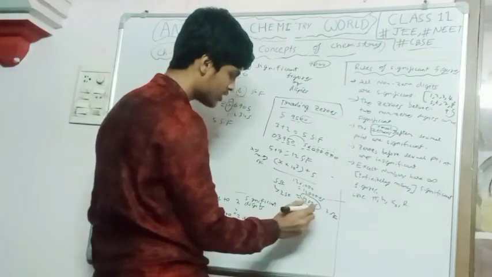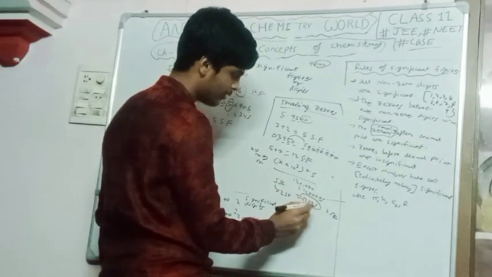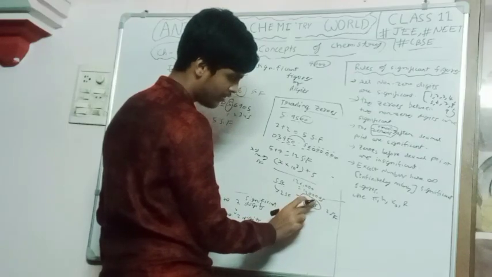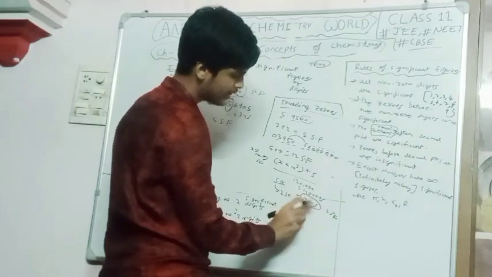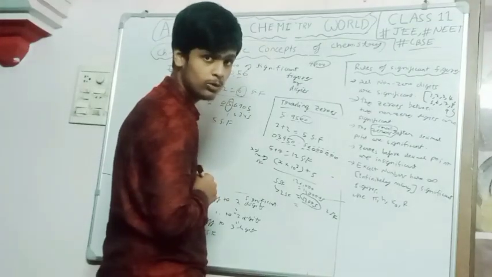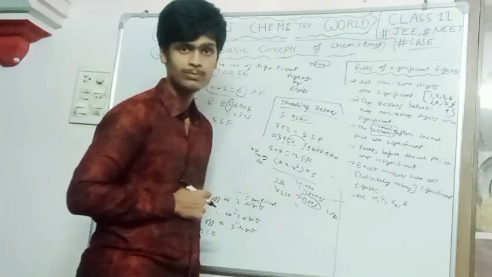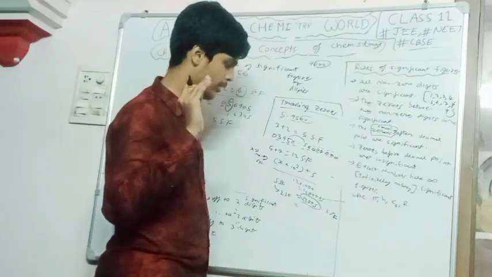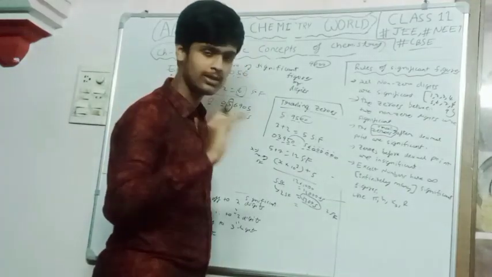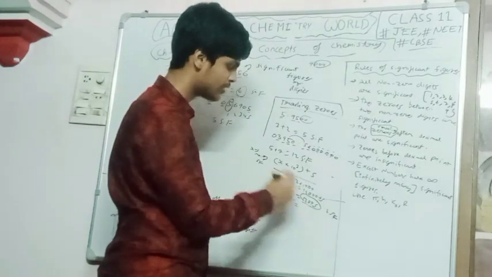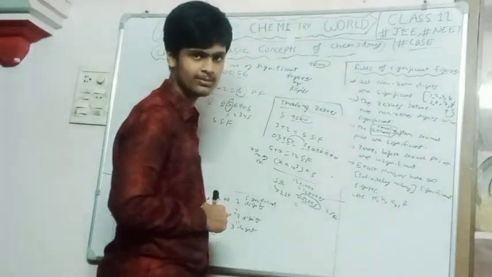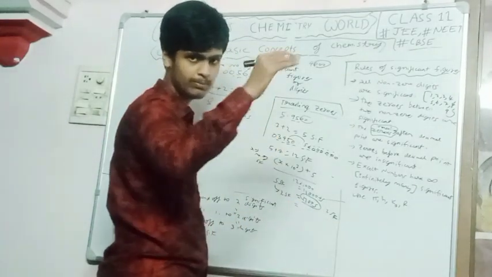How is it possible? Think once. Two significant figures means if you remove this 5, what happens? These are not significant. Then it becomes two significant figures. But you shouldn't change the place of the number. This is in 12,000s, means in the 10,000s place.